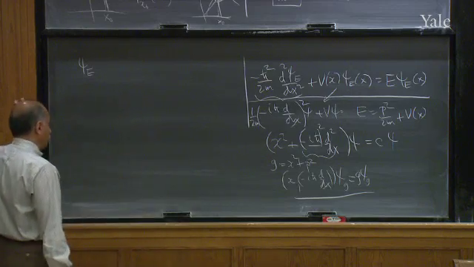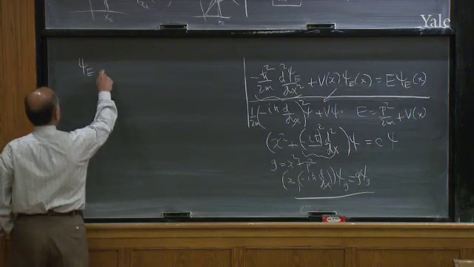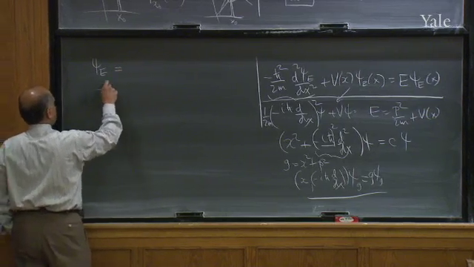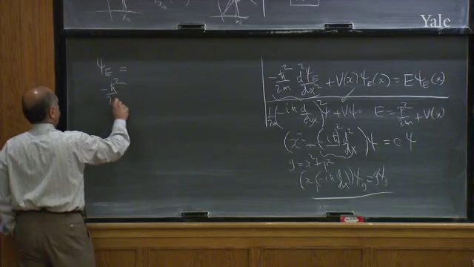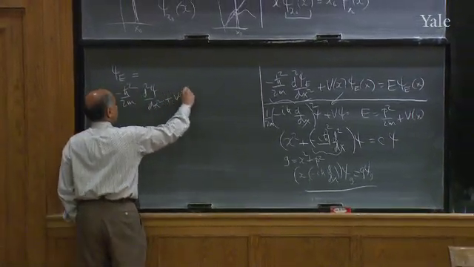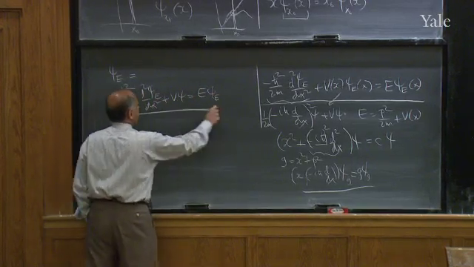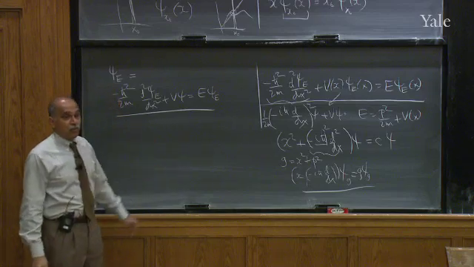So I'm just giving you two ways to do this postulate. Either you can say states of definite energy are solutions to the following equation, plus V psi equal to E psi. And that's what I've been doing so far, because I didn't mind in this class introducing it as one more postulate.